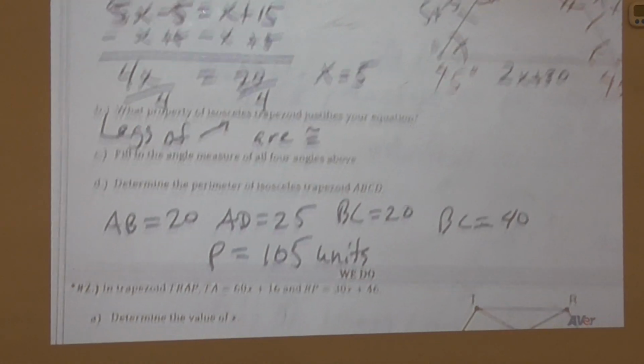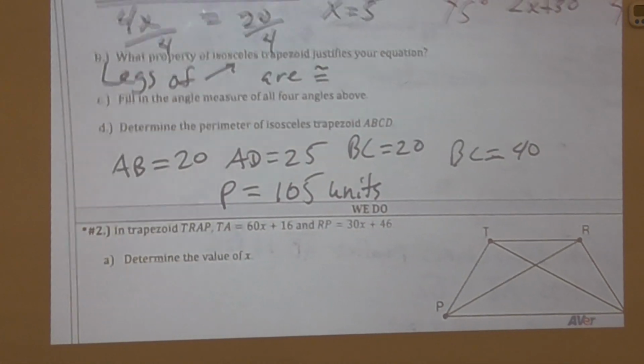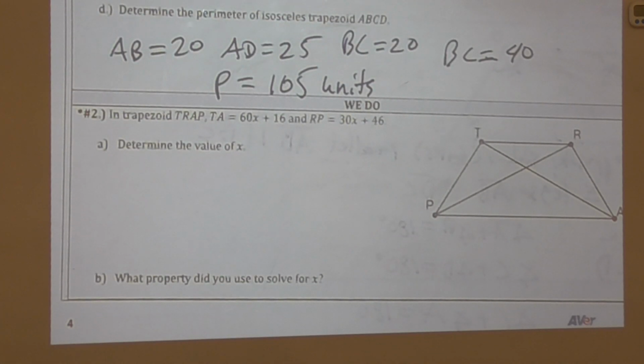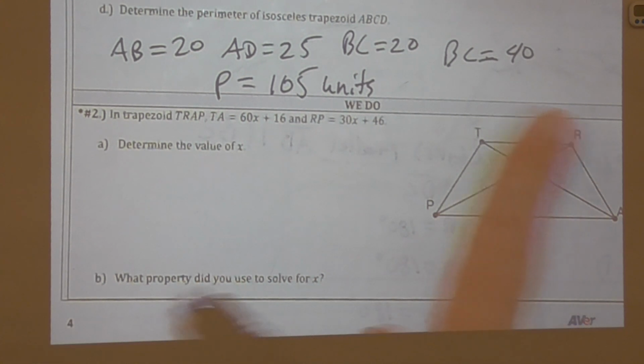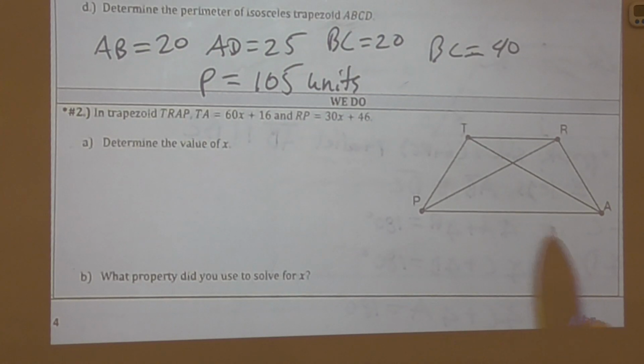now we have an example where our trapezoid has diagonals. And again, so let's see what they give us here. I think that we need to say that this is an isosceles trapezoid, but let me have a look at it real quick.